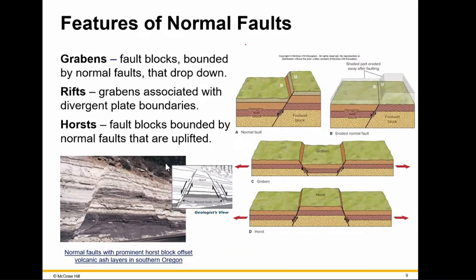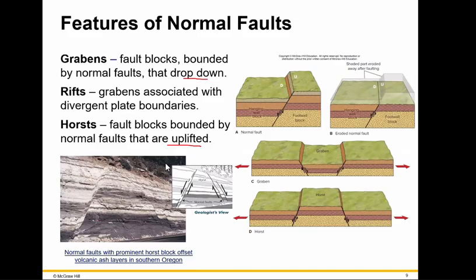So the features of a normal fault, we've talked about graben. Okay. There are fault blocks that are bound by normal faults that are down or dropped down. Down faulted. The horst, okay, is a fault block that is bounded by normal faults that is uplifted, upthrown. Okay. And here is from Southern Oregon.